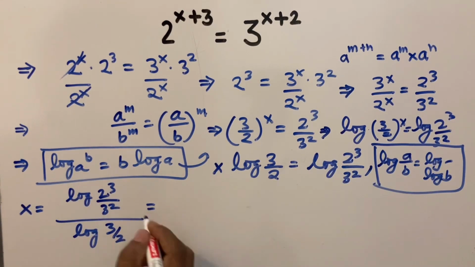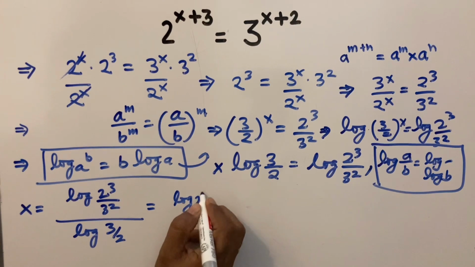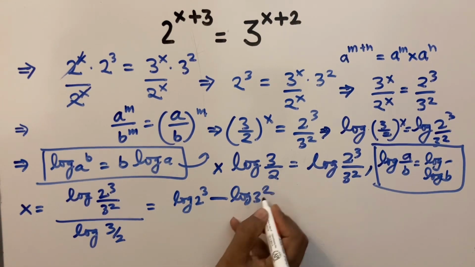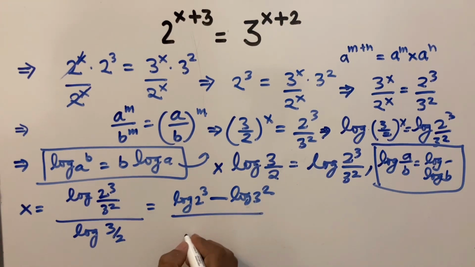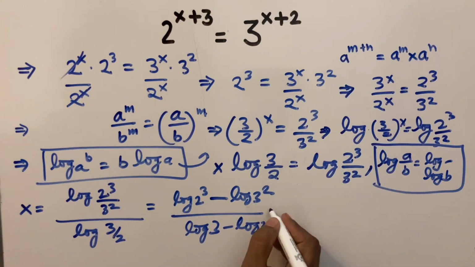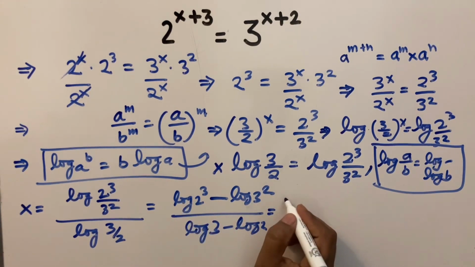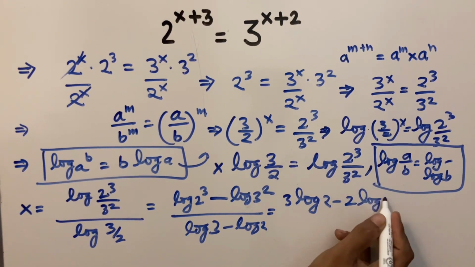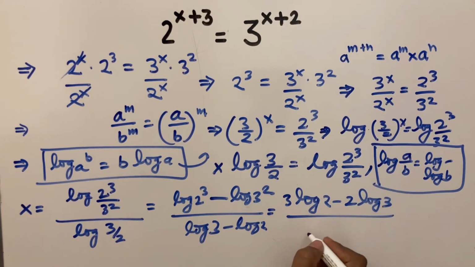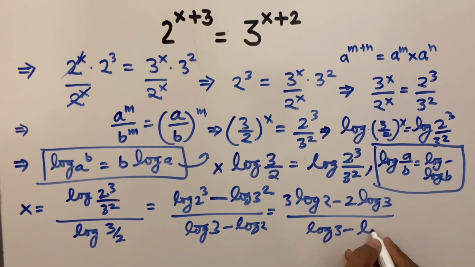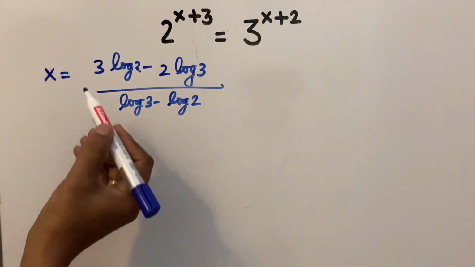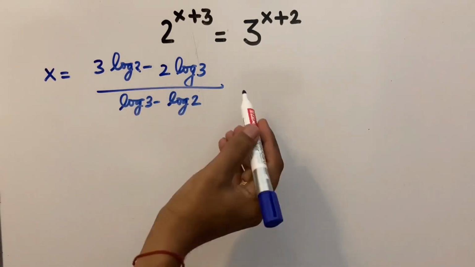So the equation becomes log 2 to the power 3 minus log 3 to the power 2 divided by log 3 minus log 2, which equals 3 log 2 minus 2 log 3 divided by log 3 minus log 2. So now x has been simplified to 3 log 2 minus 2 log 3 divided by log 3 minus log 2.